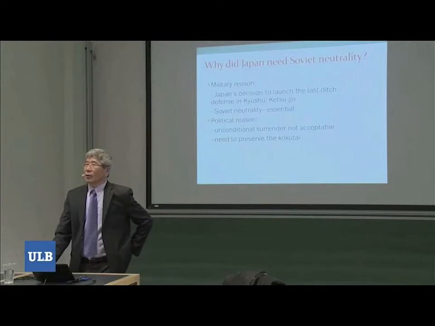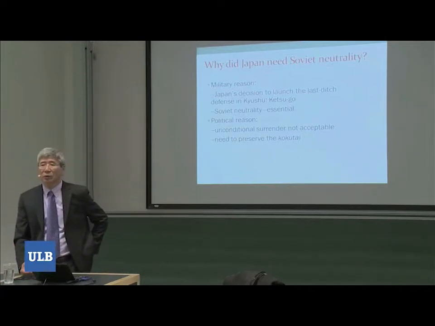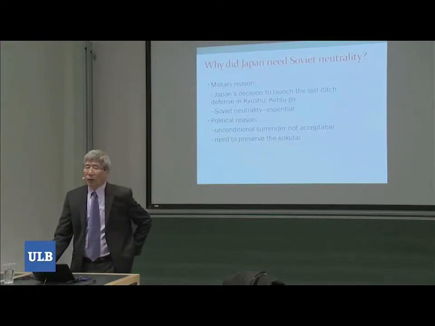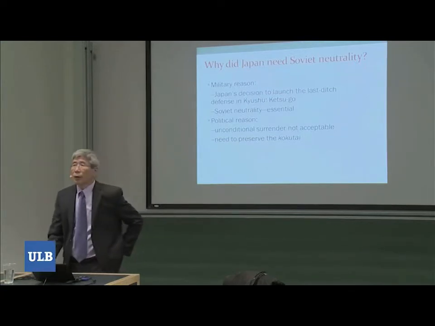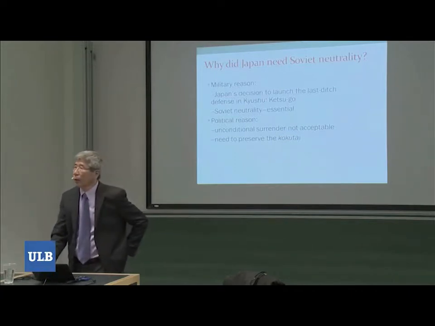So what choice did they have? As long as the United States demanded unconditional surrender, the Japanese policymakers were not going to negotiate directly with the United States. And so the only possibility they found was the Soviet Union, the only great power that remained neutral.